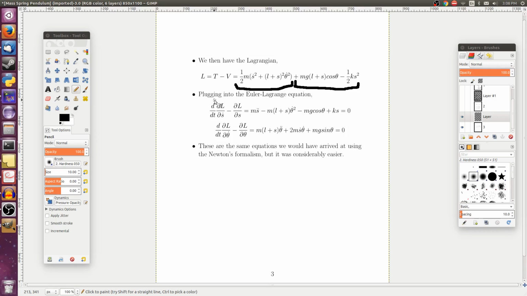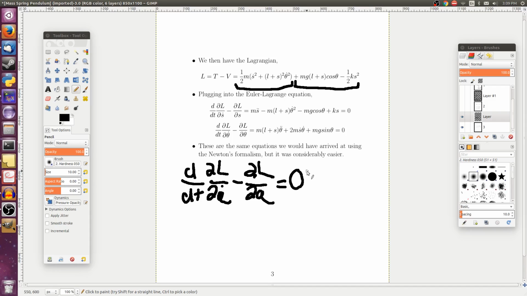And then whenever we plug these into the Euler-Lagrange equation, in general, our Euler-Lagrange equation looks like d over dt of partial L over partial q dot, minus partial L over partial q, is equal to 0, where q is going to be a generalized coordinate.